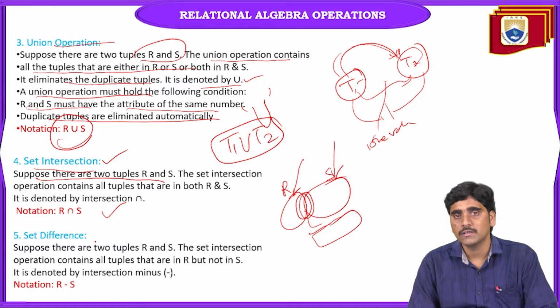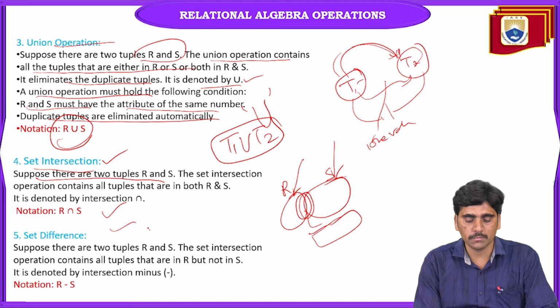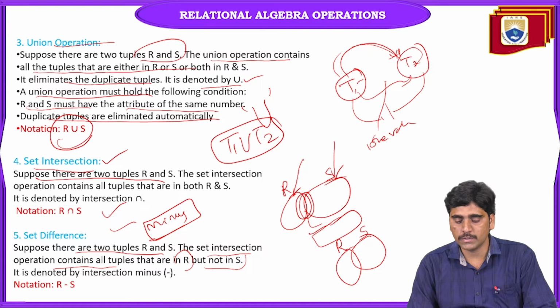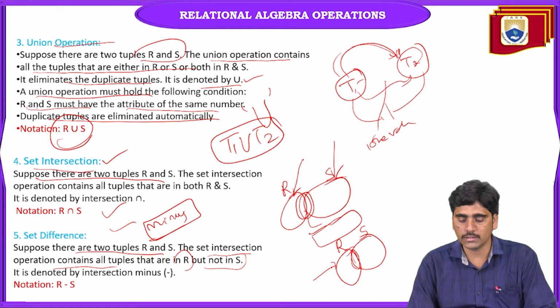And set difference is nothing but you can say it is a minus also. So suppose there are two relations, R and S. The set difference operator contains all tuples that are in R but not in S. So this is R and this is S. If R minus S, it will display the R values, meaning the left side values.